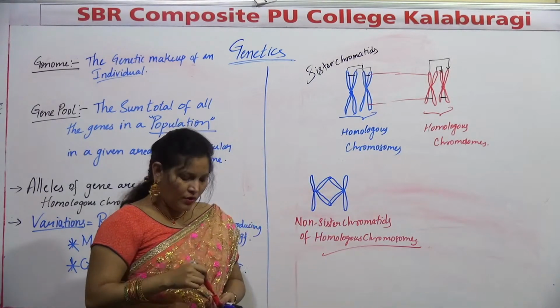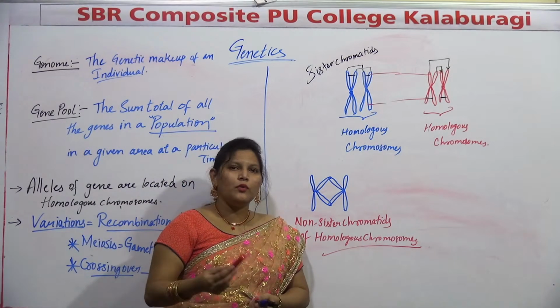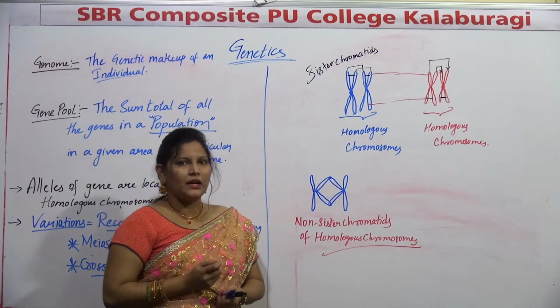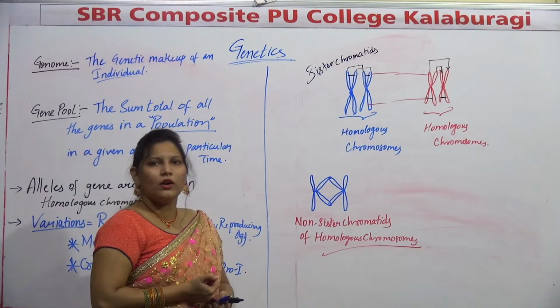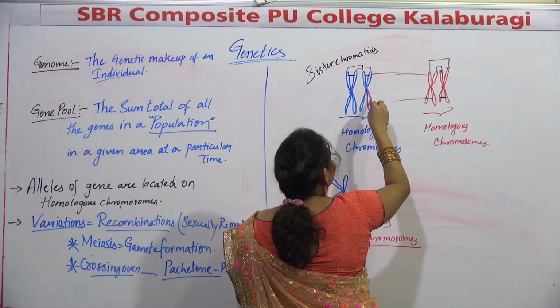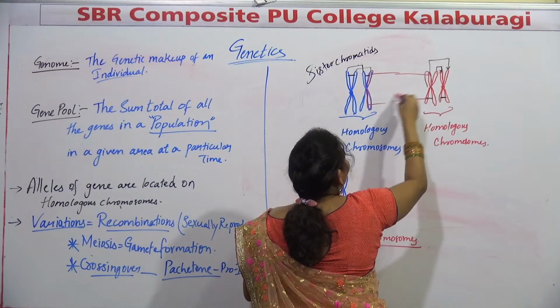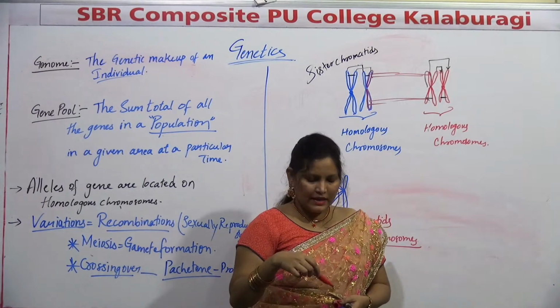Crossing over does not occur between non-sister chromatids of non-homologous chromosomes. Always crossing over occurs between non-sister chromatids of homologous chromosomes. It does not take place between the sister or the non-sister chromatids of non-homologous chromosomes.